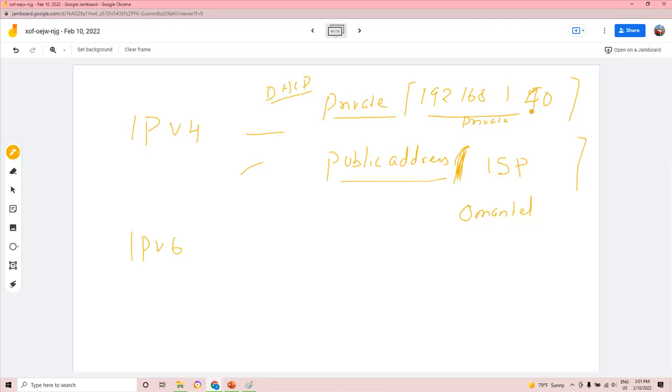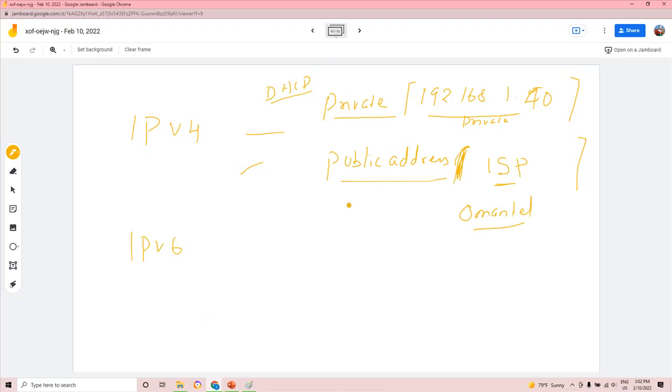It is allocated by your router, inside which a DHCP service is running. This is valid within the local area network, within your home Wi-Fi. Clear? This is private. Then the other one is called public. A public IP address is allocated by Omantel. Clear to you?